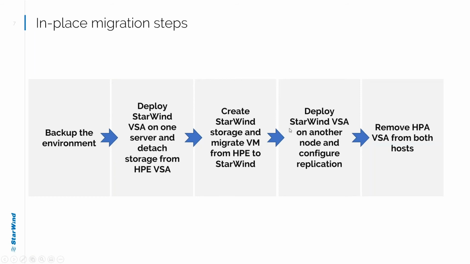After vMotion is done, check virtual machines, detach the HPE datastore in vCenter, detach storage from the second HPE VSA, and configure replication in StarWind. The last step is to remove both StoreVirtual VSAs.